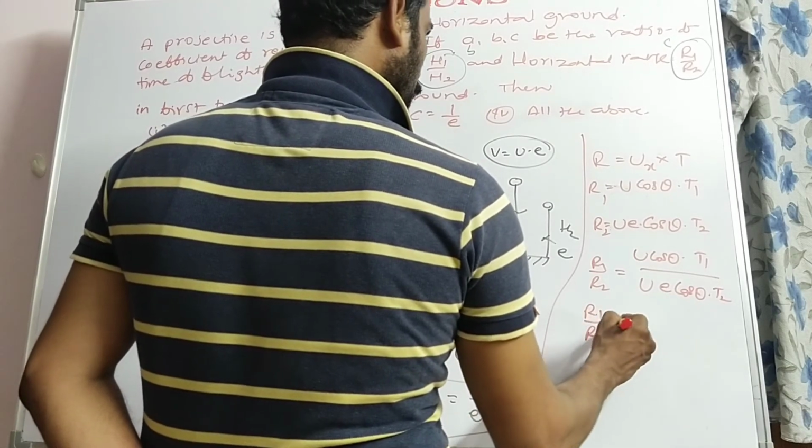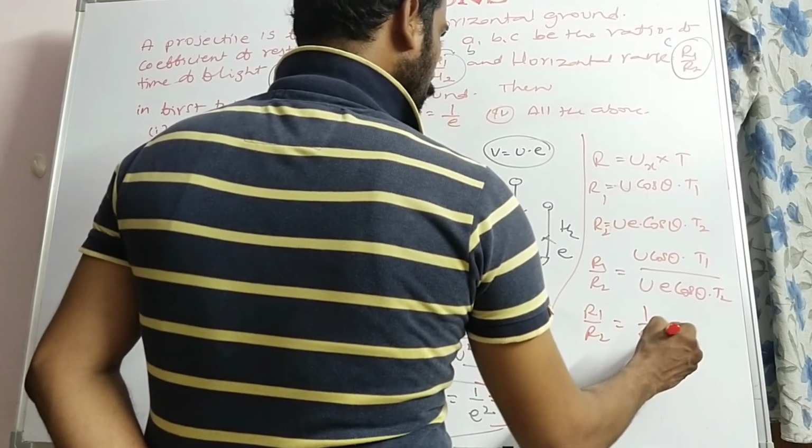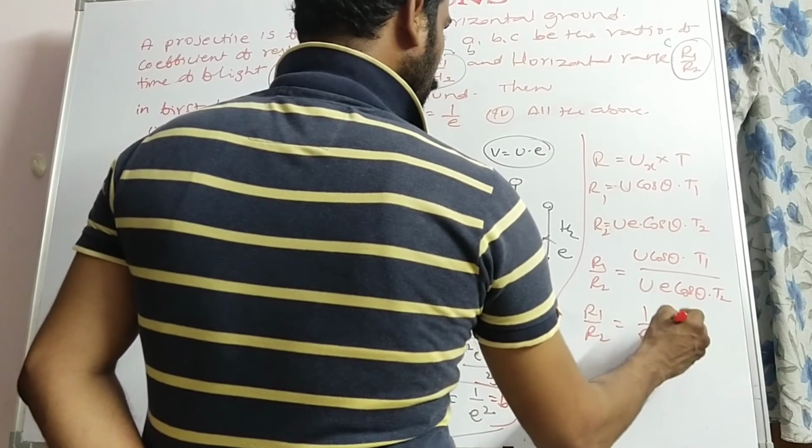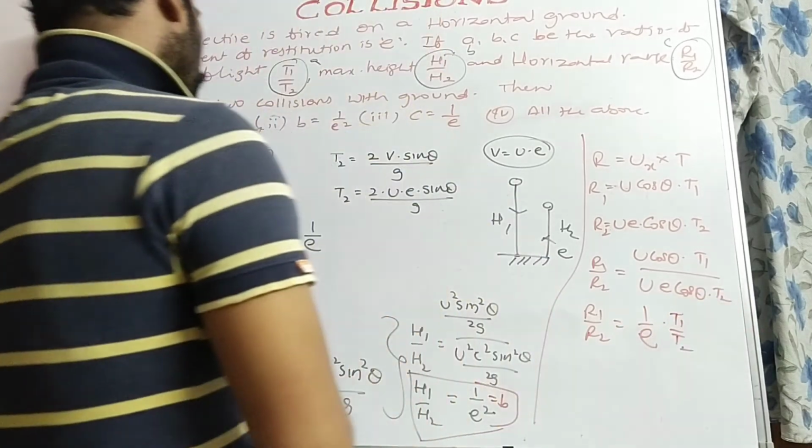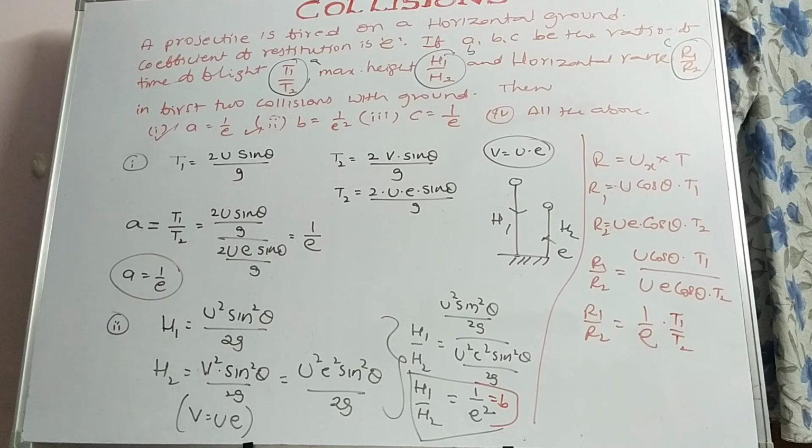Then R1 by R2 is equal to 1 by e into T1 by T2.